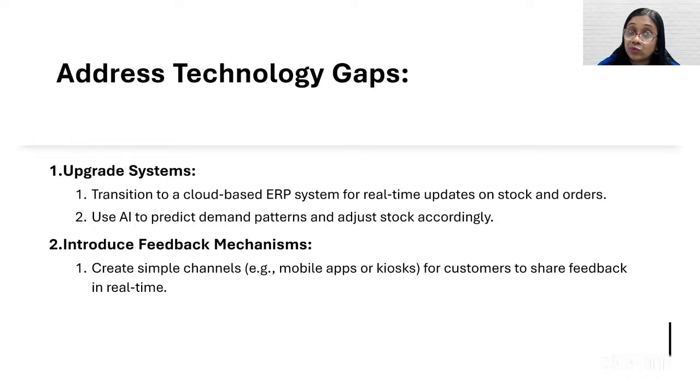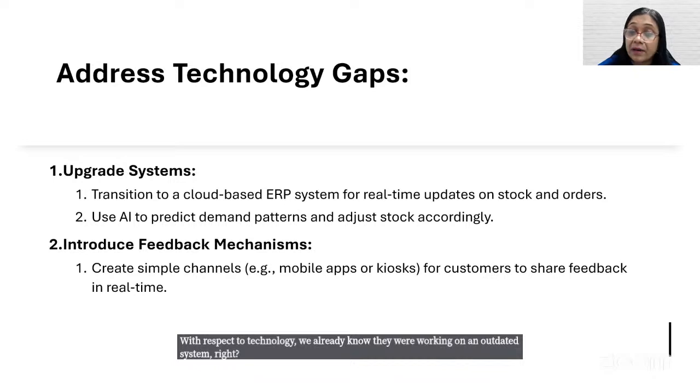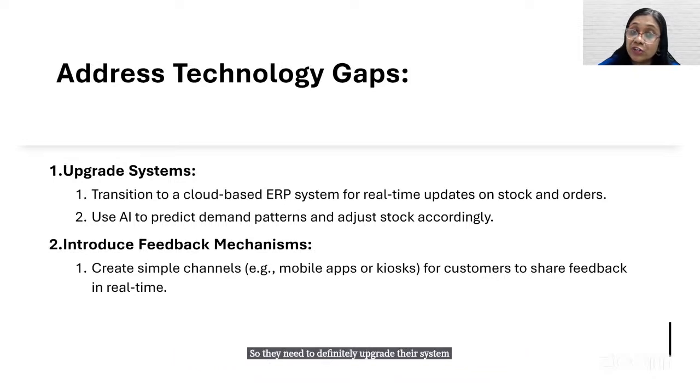And the last one, address technology gaps. With respect to technology, we already know they were working on an outdated system, right? So they definitely need to upgrade their system. Transition to a cloud-based ERP system for real-time updates, and use AI to predict demand patterns and adjust the stock accordingly. Also, introduce feedback mechanisms.